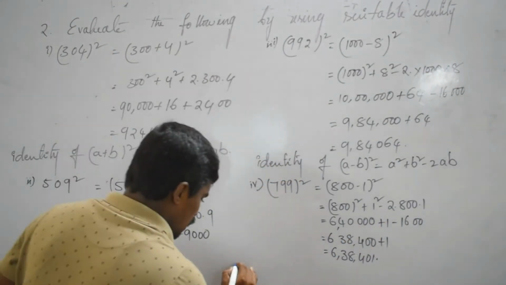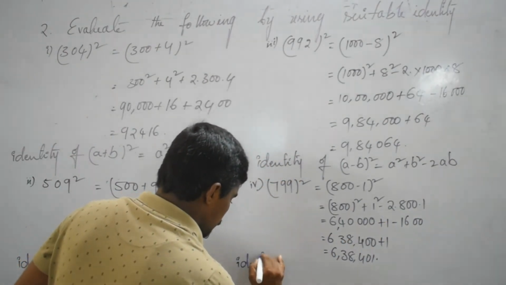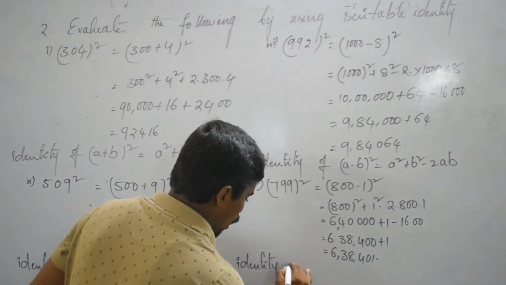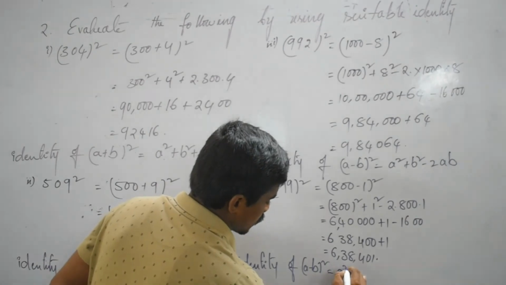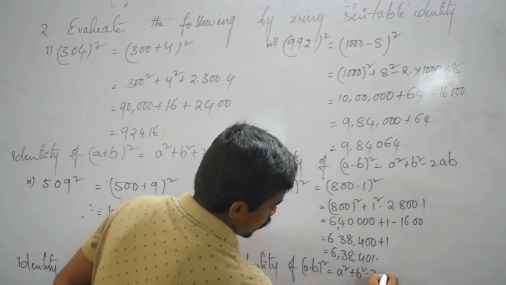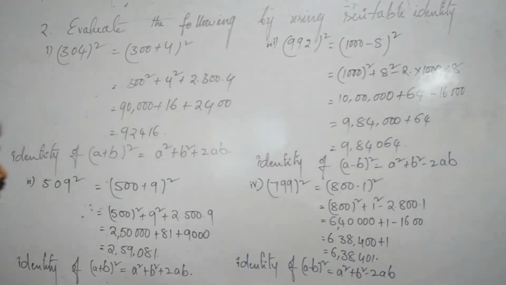So this is the identity of (a − b) whole square: a square plus b square minus 2ab.